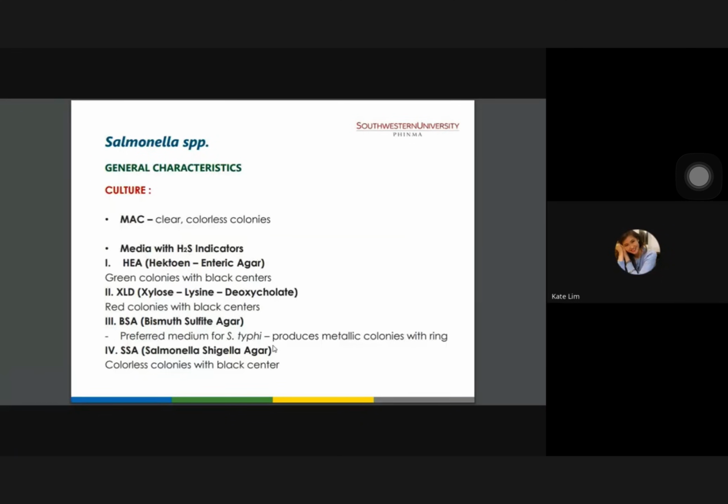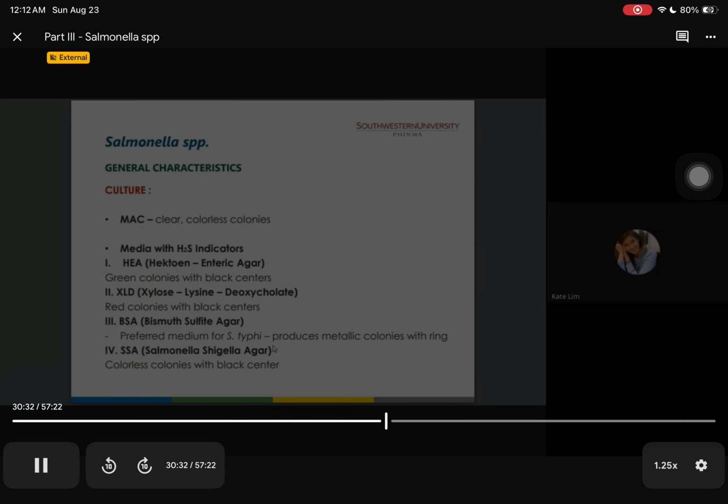Why are there black centers? These black centers are the reaction of iron salts. The iron salts react with the hydrogen sulfide, producing black centers. And it is also true for your XLD. What is your XLD? XLD stands for xylose-lysine deoxycholate. On your XLD agar, Salmonella colonies produce red colonies with black centers.